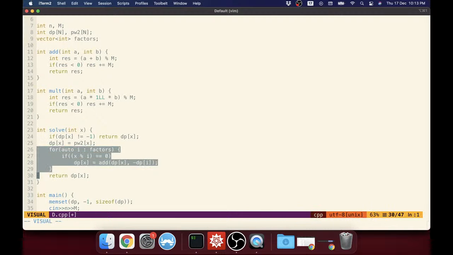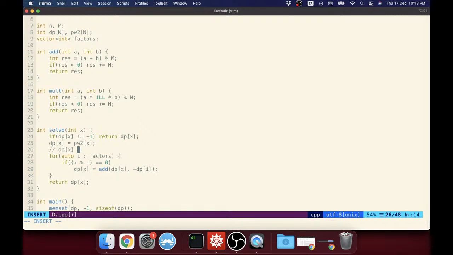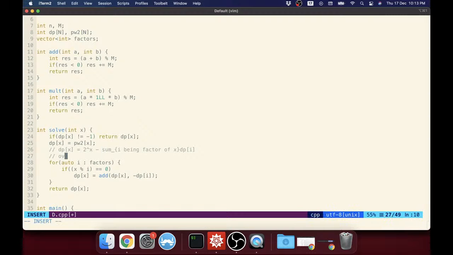Notice here what's happening. Firstly, our formula was dpx equal to 2 to the power x minus, for some i being a factor of x, dpi. This was our formula, right? I don't want to loop over all i's from 0 to x. That will be slow. I just want to loop over its factors.